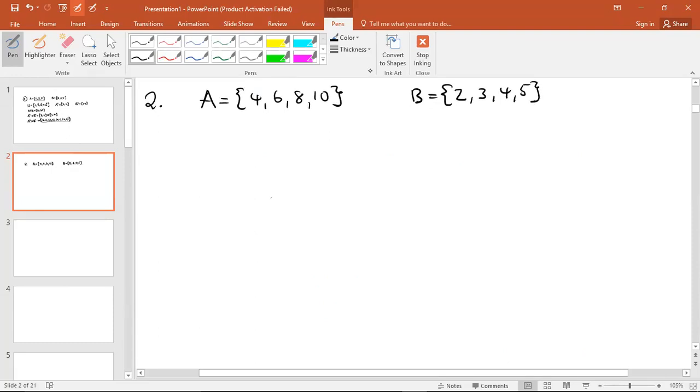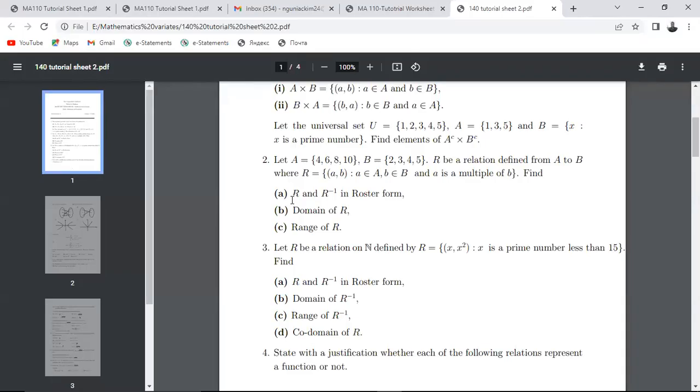Then let's find out what exactly they want. So they are saying let R be a relation defined from A to B, where R is, so the same thing that was given. So if we can see, R is defined as (a, b), where a is a member of A, b is a member of B, and a is a multiple of b.